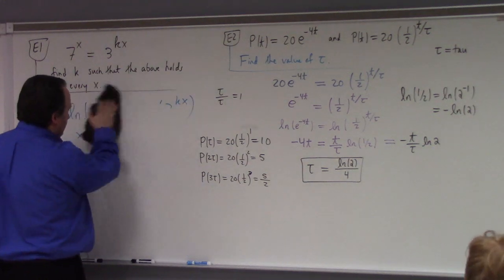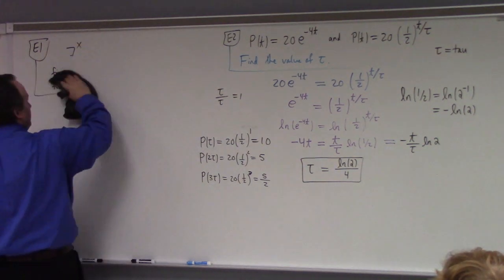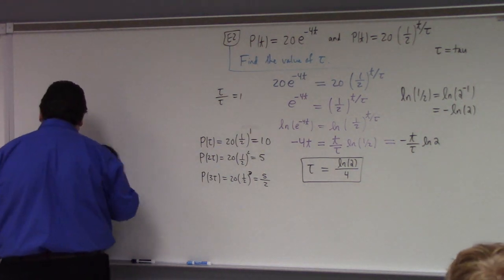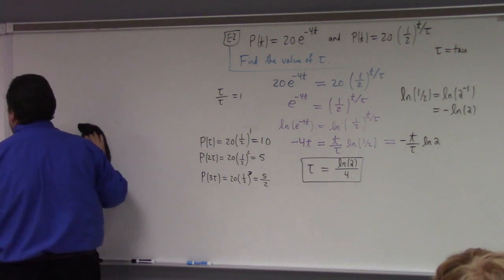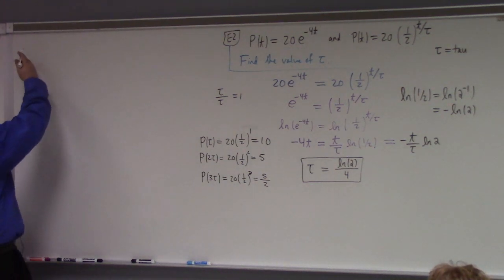Newton's law of cooling says that the rate of change of the temperature of an object is proportional to the difference between the temperature of the object and the ambient temperature, or the room temperature. If you take that differential equation and solve it, you get the following formula.